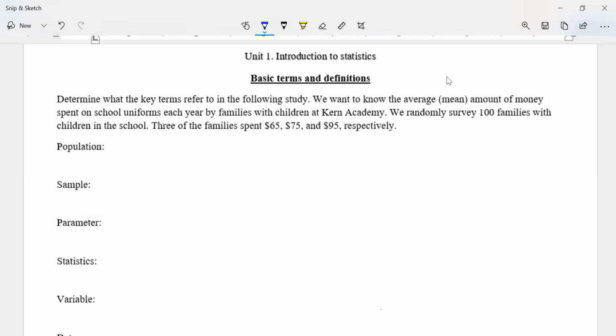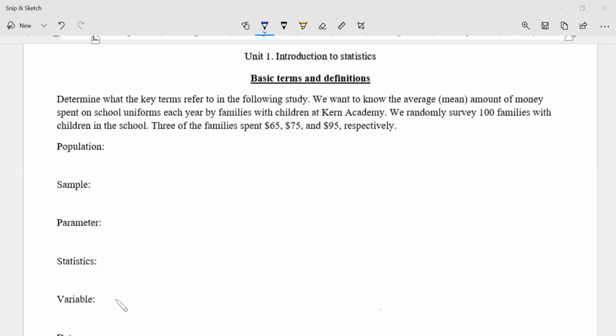So what's changing here? What are we studying here? For variable, what I will write could be the amount of money that is spent on school uniforms by a family with children at Kern Academy. You guys learned that variable was an X. So I'm just going to say let X equals the amount of money spent on school uniforms by a family with children at Kern Academy.